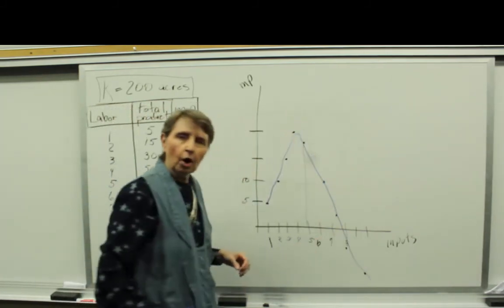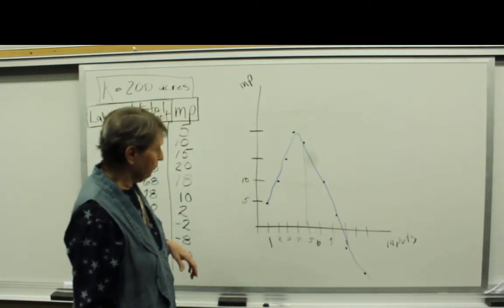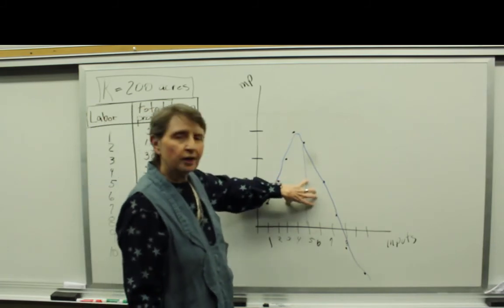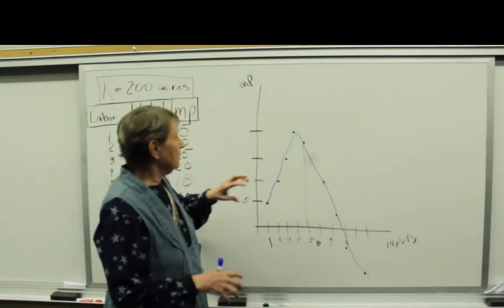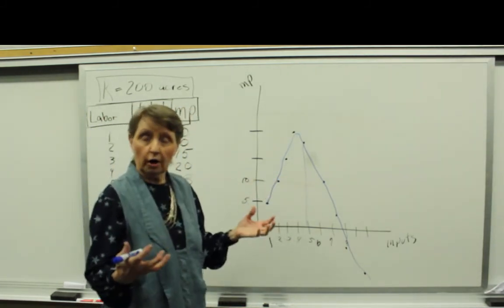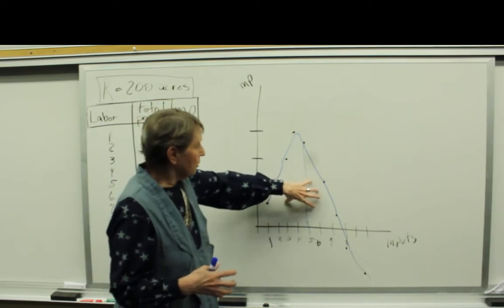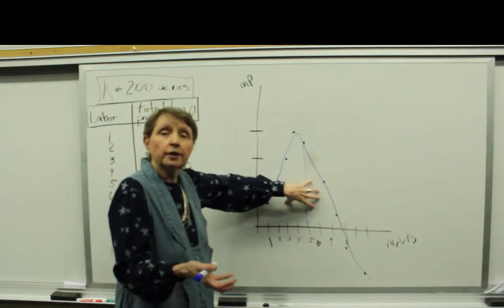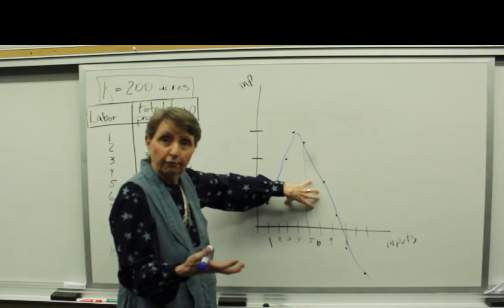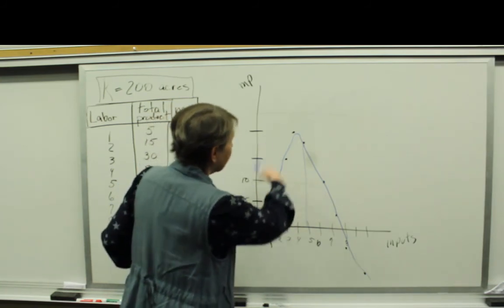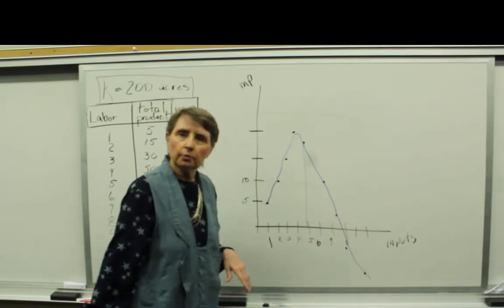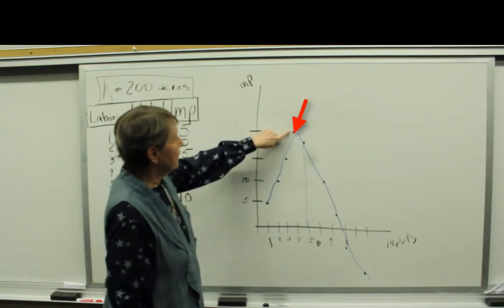So this is my marginal productivity curve, which becomes very important when we start talking about costs, because the marginal productivity will turn into marginal costs of production. At any rate, this is our marginal product curve, and it's very important.